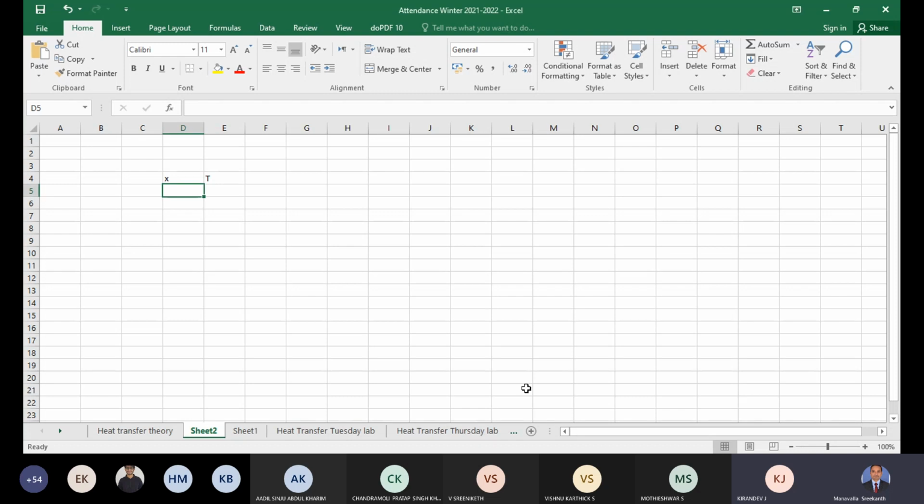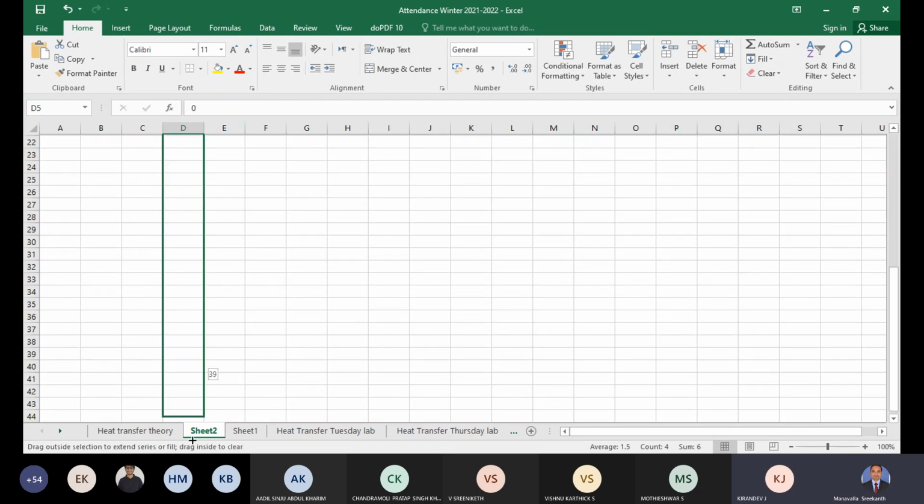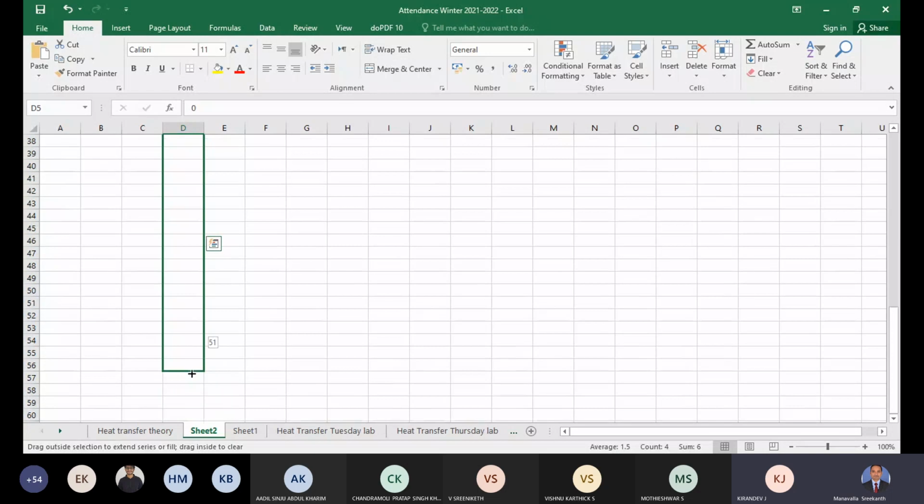Okay, so x varies from 0 to 50. So I will plot at 1 millimeter interval.